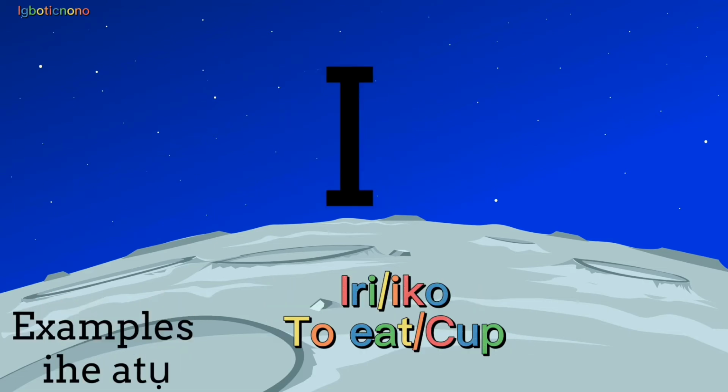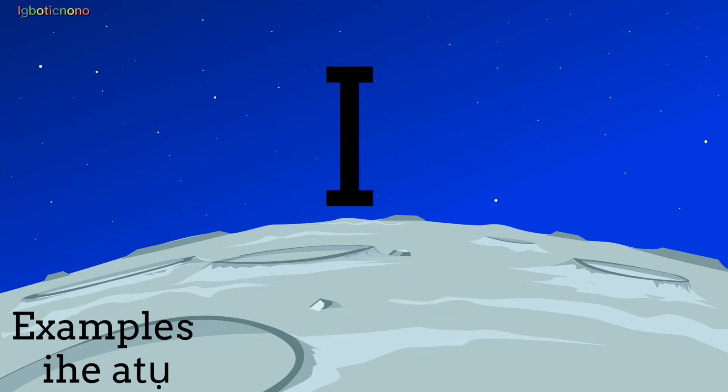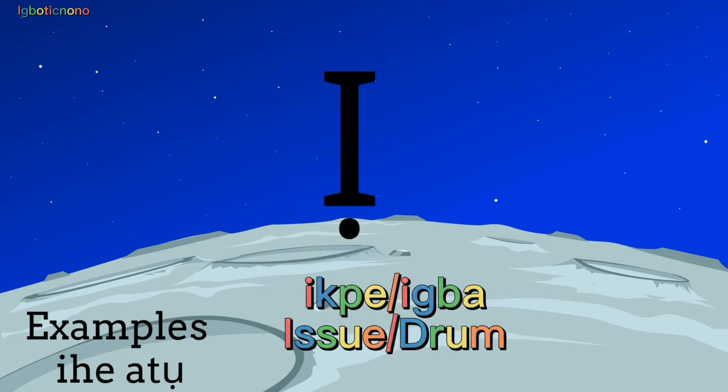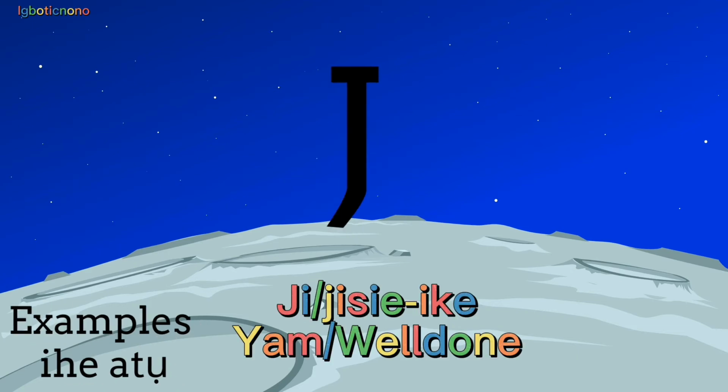And the next one here is iri. Mobu iko, that's to eat or to drink. And another letter here is ikpe, to sue, as in an issue, sorry. And igba is drum. Yes, yam, which is G in Igbo language.